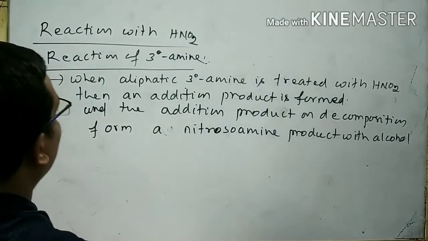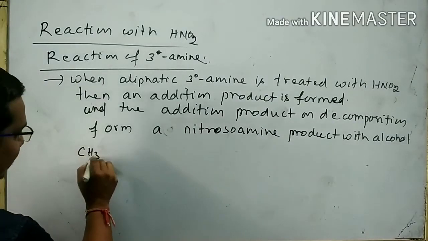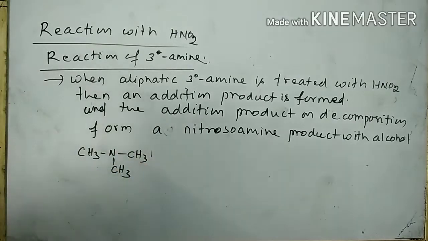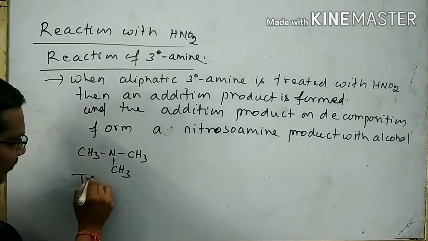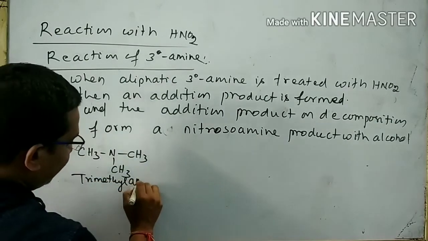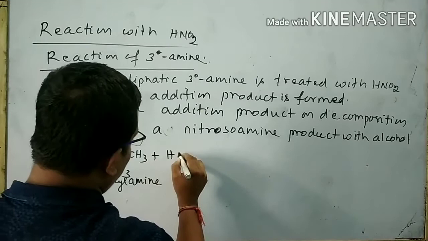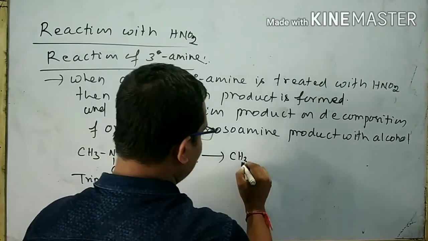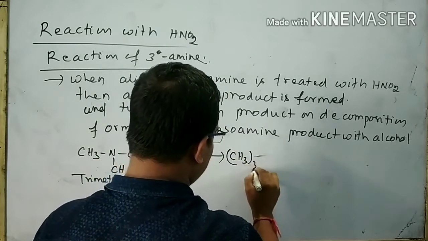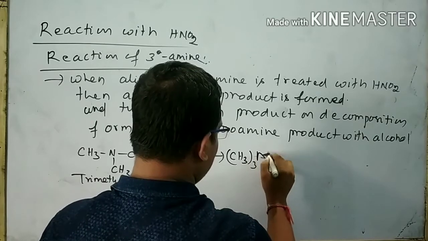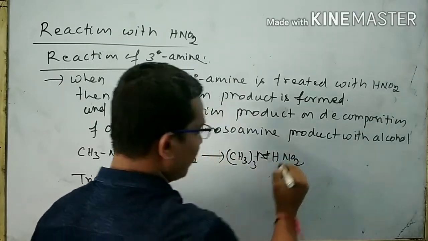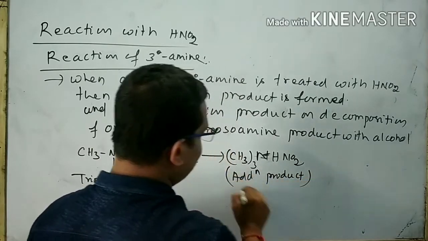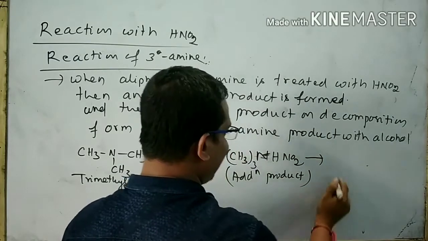Now take an example of aliphatic 3-degree amine. This is an example of aliphatic 3-degree amine. The name of this compound is trimethylamine. When it is subjected to reaction with HNO2, it gives an addition product. It is (CH3)3NHNO2. This is your addition product. Now it is subjected to decomposition. Then what will happen?